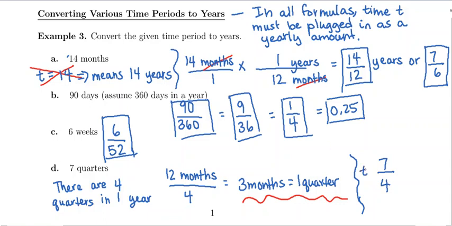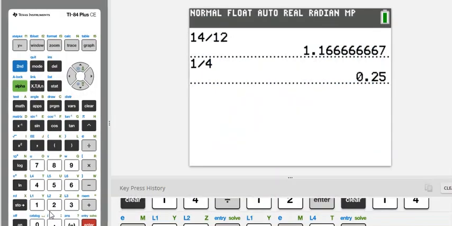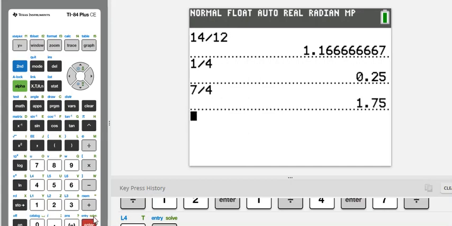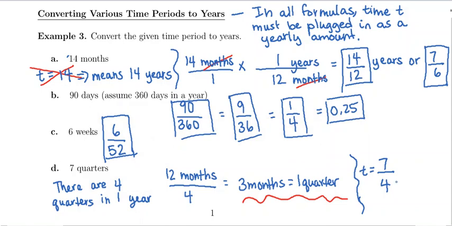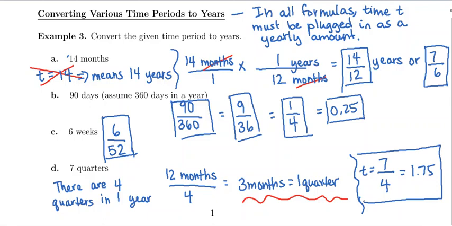You can put 7 divided by 4 in the calculator and get a very clean decimal. So you could also put in a time value of 1.75 years. If you were plugging a time value of 7 quarters into your formula, you could use 7/4 as time. You could use 1.75. Both are acceptable answers.